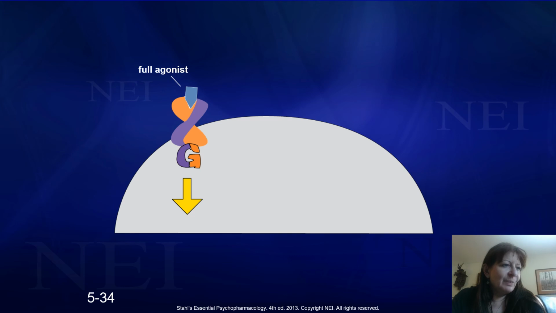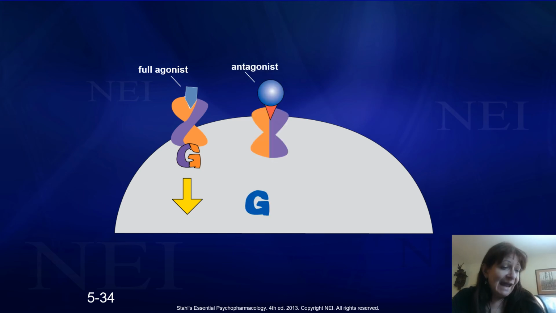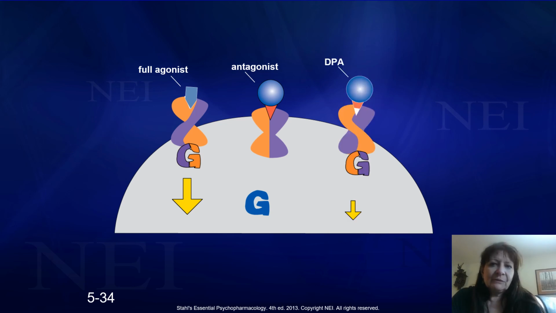So we go from the full agonist, where we have robust signal transduction through the G protein linked second messenger system of D2 receptors. We have antagonists, where the receptor does not conform and is not capable of signal transduction. And then we have dopamine partial agonists, where there is an intermediate amount of signal transduction.